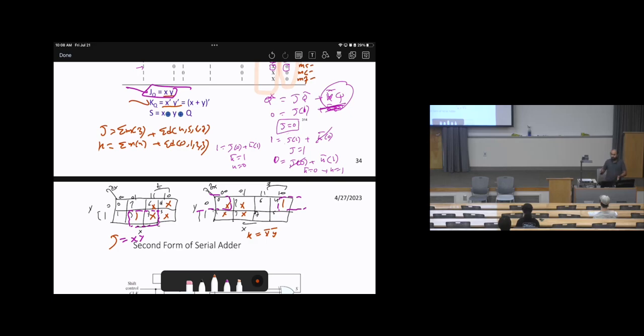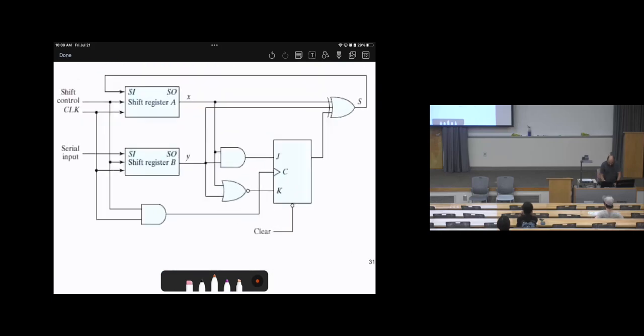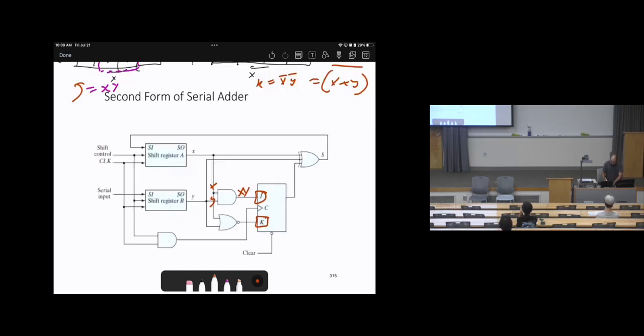So, when we draw the circuits, it's very similar to the full adders, but we keep in mind that when we connect j and k, we connect, for example, j to x, y. Here is x, here is y, so here is x, y. And we will connect k. You can either make it x bar, y bar, or you can make it x plus y, all bars, which is De Morgan's. And that's what we did here.